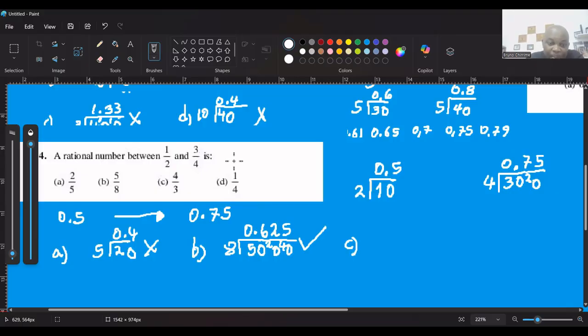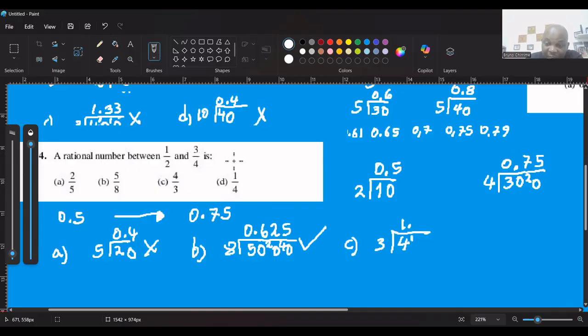What about C? Now, C is 4 over 3. We know that 4 over 3 is an improper fraction. That means it will give us a whole number and a fraction, a mixed number, right? So obviously it doesn't lie between 0.5 and 0.75, but let's do it for the sake of doing it. So you are dividing 4 by 3. 3 into 4 goes once, okay, put a comma. 1 times 3 gives us 3. 4 minus 3 gives us 1.